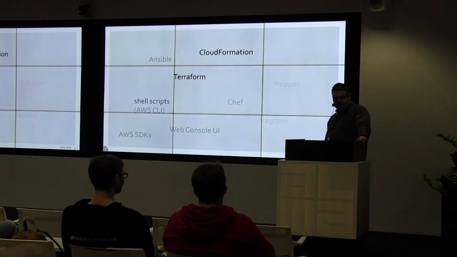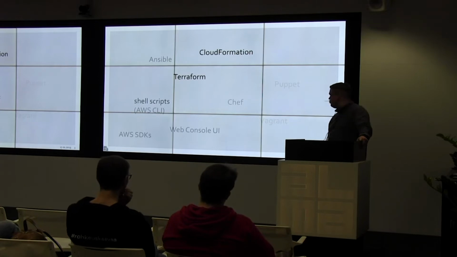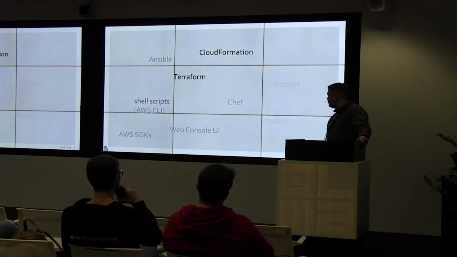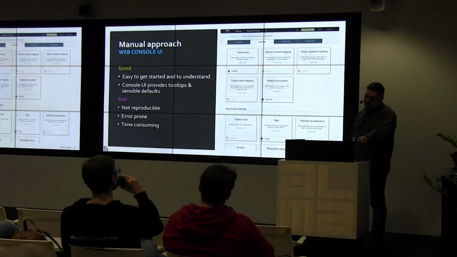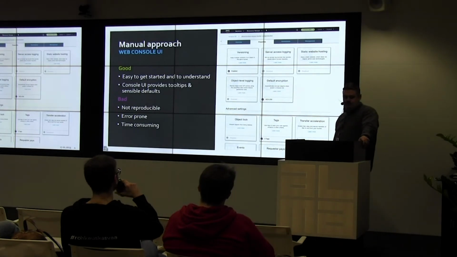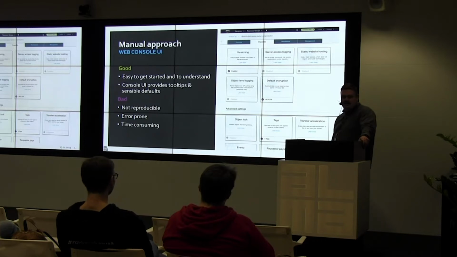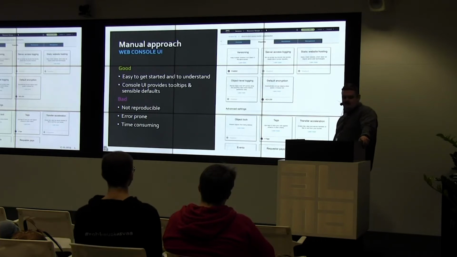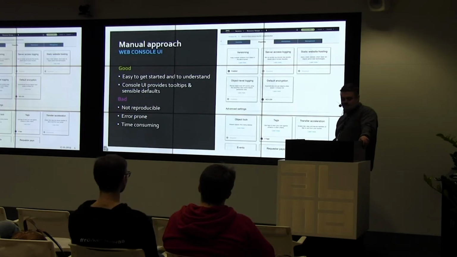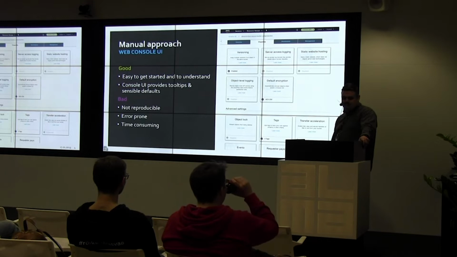And of course when you start using AWS, it usually starts with the manual approach with the web console UI. I suspect that a good many of you, when you started with AWS, just logged into the web console UI and clicked through, finding out what there is. And it's good. It's easy to get started, and it's easy to understand the concepts when you have visual support there, and the UI provides good tooltips and sensible defaults.